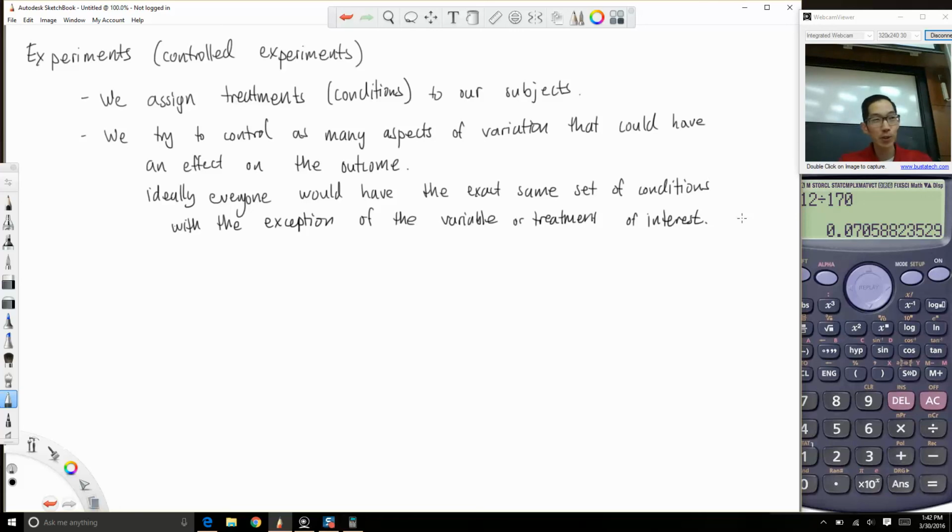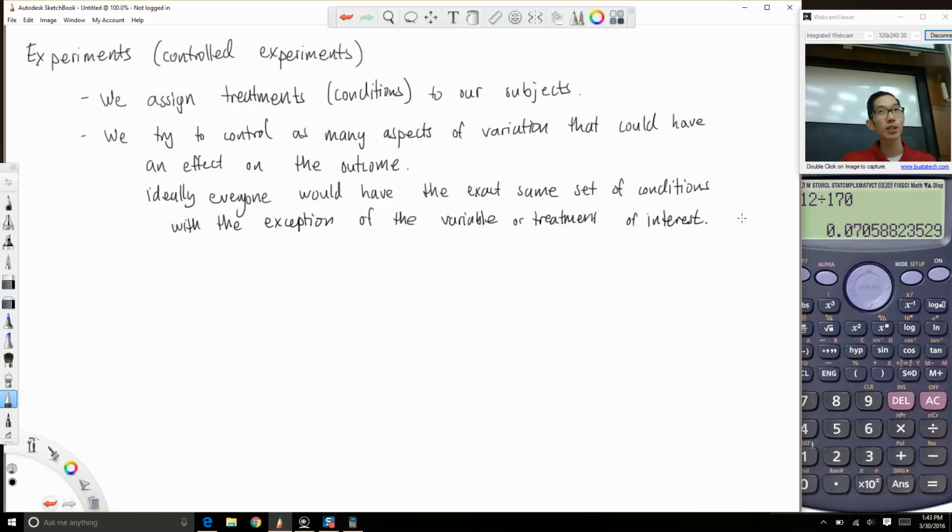Now, of course, this ideal experiment is probably not practically possible, or maybe not even ethically possible. So, you just kind of have to deal with small changes. But as far as experiments go, ideally we could control everything so that any difference observed at the end of the experiment can be attributed to the difference in the treatments and not anything else.